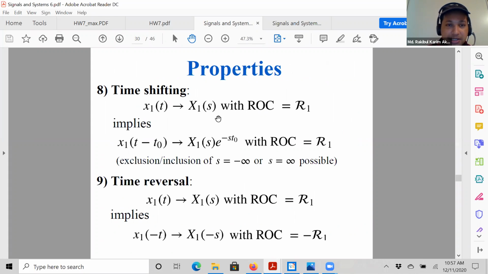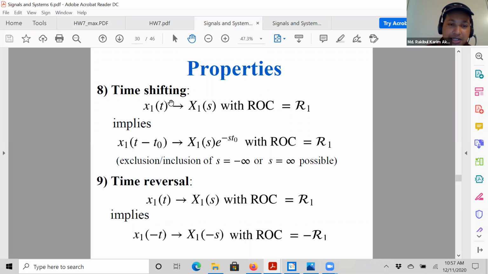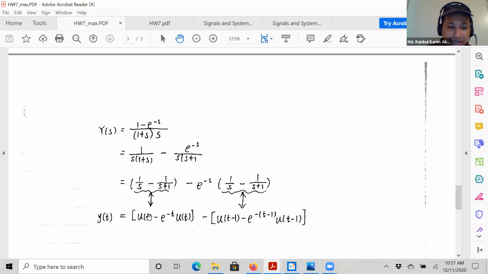Here you have e to the power minus s, which means its t naught is 1, right? So instead of writing xt, you have to write x t minus 1. ut becomes ut minus 1. E to the power minus t becomes e to the power minus t minus 1. ut becomes ut minus 1.